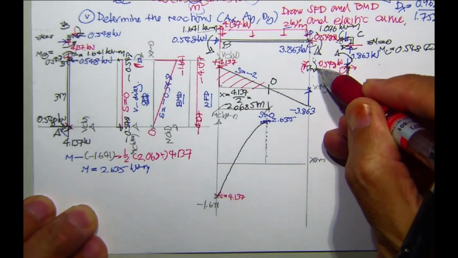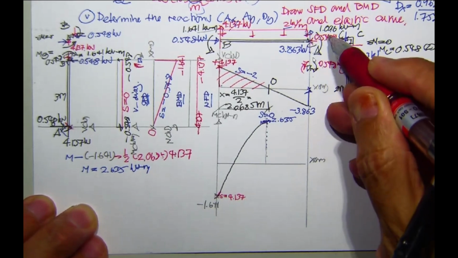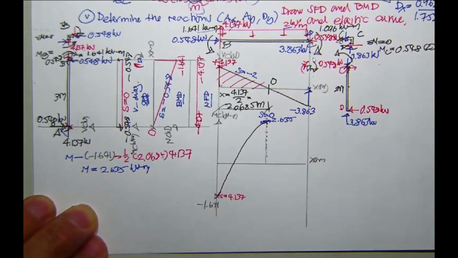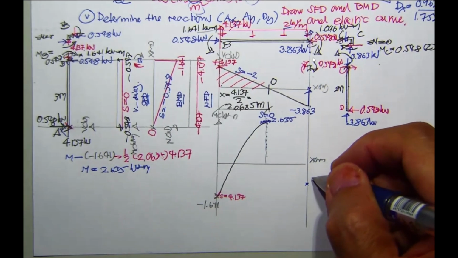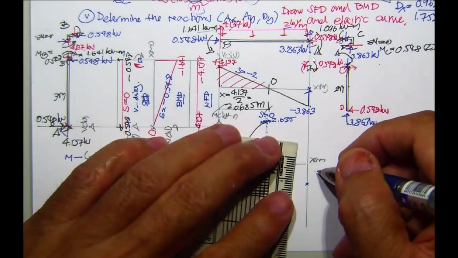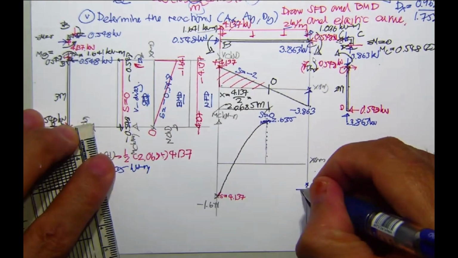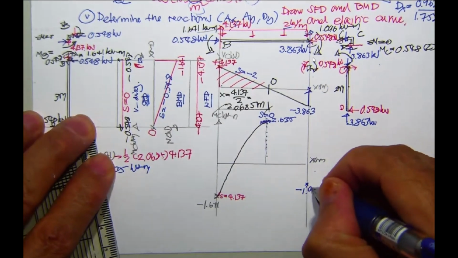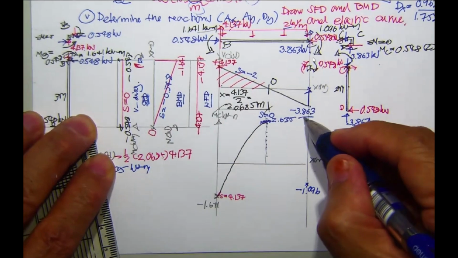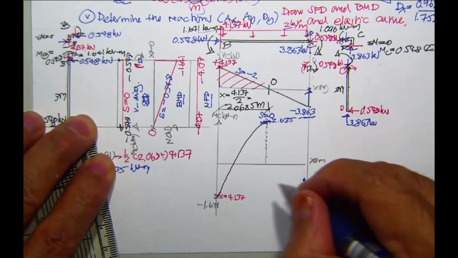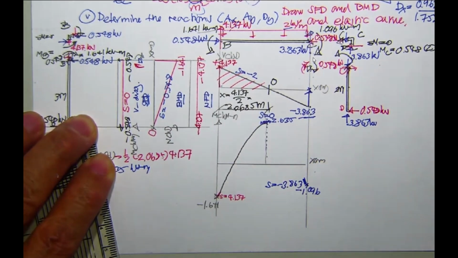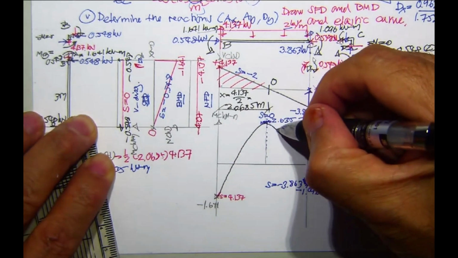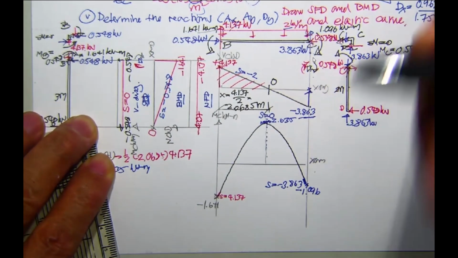Let us back equal to 0. So it's going to be negative 1.496, over here minus 1.496, and this is going to be slope over here S equal to minus 3.863. Then the curve is going to be like this.